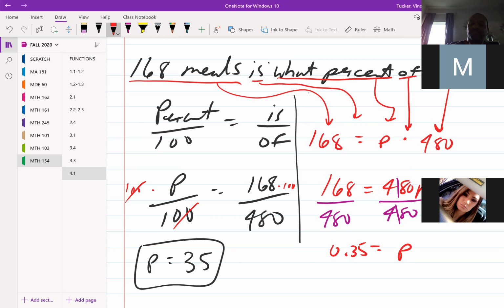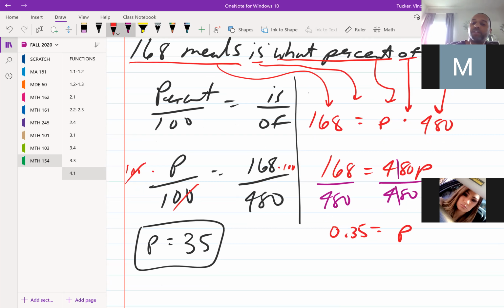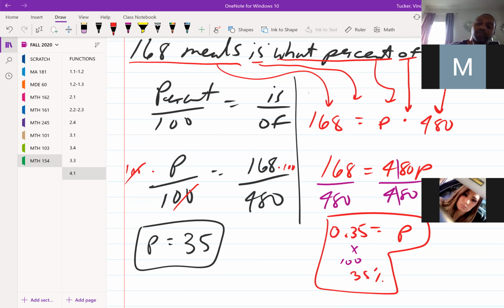And so you see that over here, when you use the equation, if you want to convert it to a percentage, you have to multiply it by 100. So in order to take it to that 35%. So it just depends on which one you want to use. Like I said, that one's already in percentage.